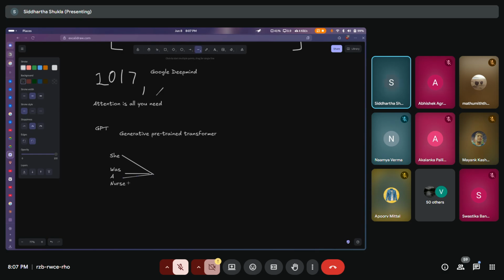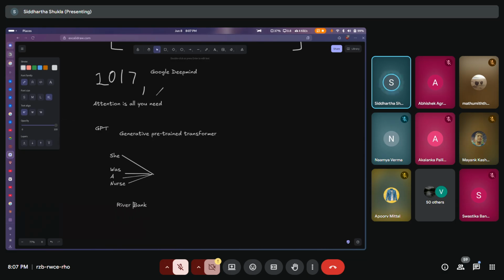For instance, I'll take the classic bank example. Bank by itself does not have any context to it. It can either mean a river bank or a financial institution, right?